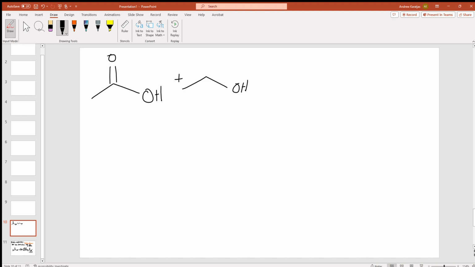Now, if you've learned about acyl substitution reactions, you know that by themselves, carboxylic acid and alcohol probably aren't going to react. The carboxylic acid is not a great electrophile, and the alcohol, being neutral, is also not a terrific nucleophile.